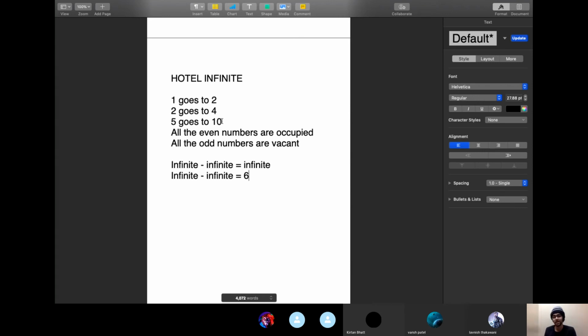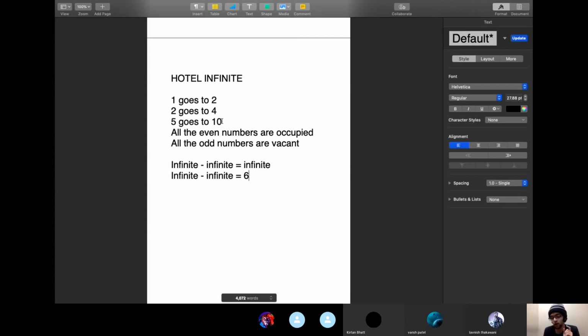In the second situation, infinite people left the hotel, and now there are only 6 people. How is that possible? Are you saying that more people left the hotel in the second situation, that's why the quantity got lesser? No, the number of people who left the hotel was the same in both situations. So this creates a paradox.